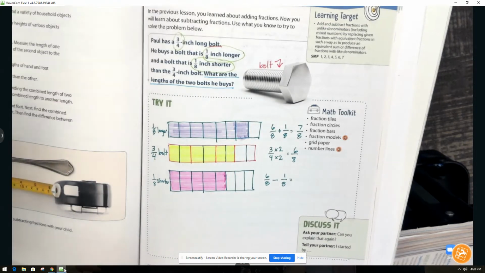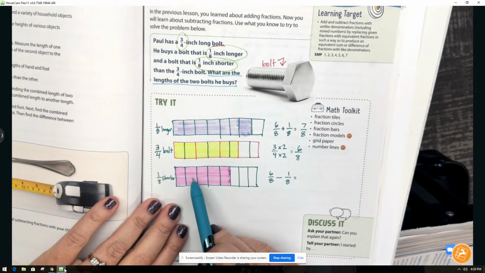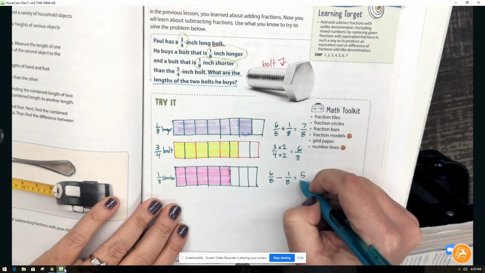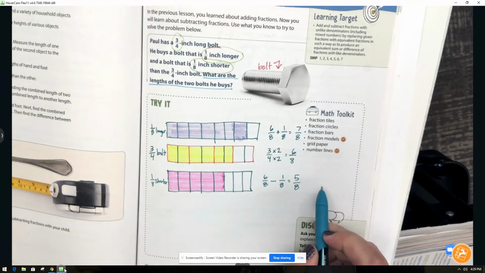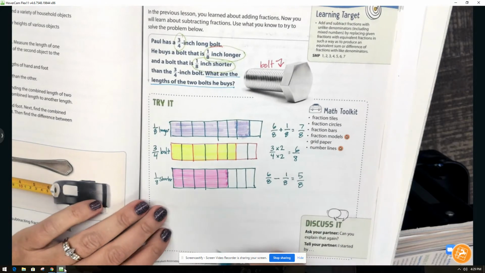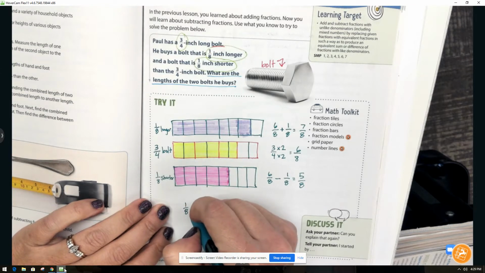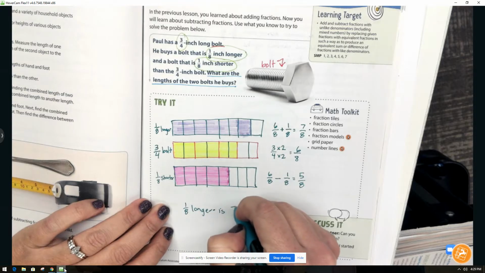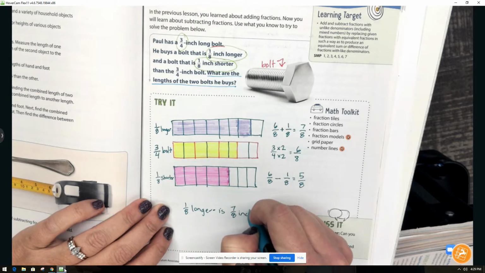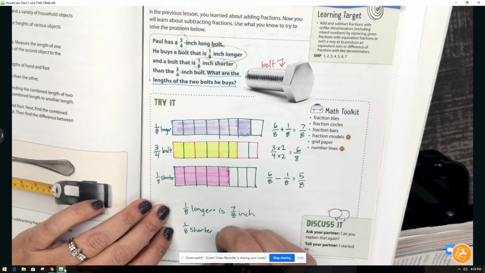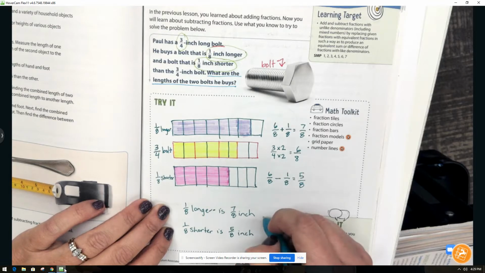So let's go ahead and count and see how many we have now. 1, 2, 3, 4, 5. 5/8. So the bolt that is 1/8 of an inch longer is 7/8, and the bolt 1/8 shorter is 5/8 of an inch long.